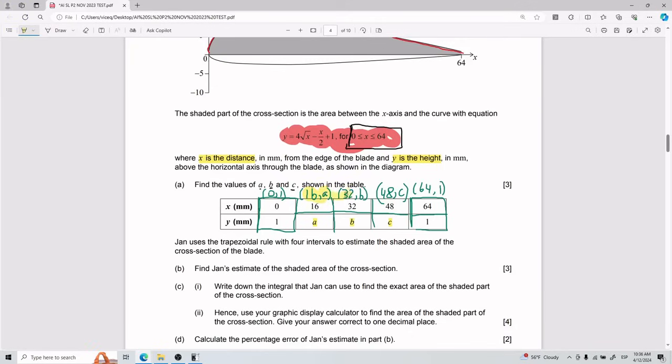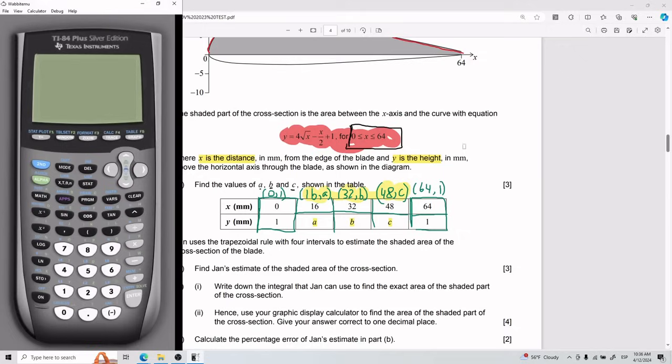If I plug in an x of 32, I should get B. If I plug in an x of 48, I should get C. And so what you can do is pull up your graphing calculator and plug in the equation that's in red. It's going to be 4 square root of x, minus the fraction x divided by 2, plus 1.